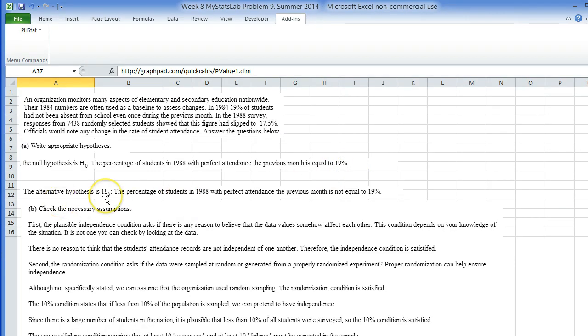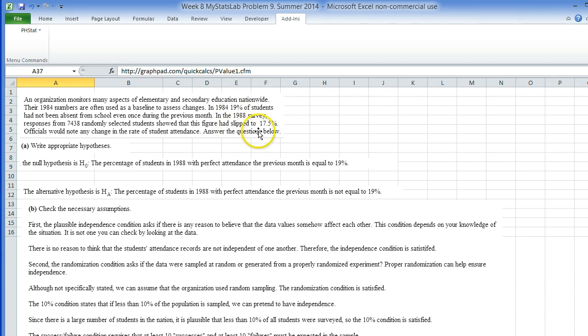The alternative hypothesis, which is what we would want to use the data collected to prove, is that the percentage of students in 1988 with perfect attendance the previous month is not equal to 19%. Now please note that we are using not equal to 19% because we're interested in seeing if it's different from 19, which includes it could either have increased or it could have decreased.